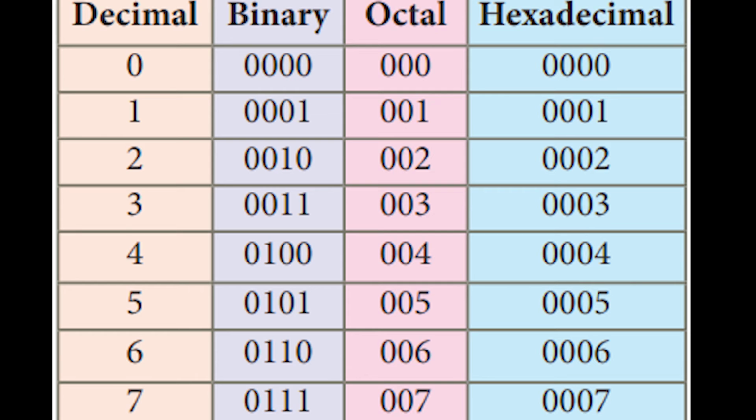In the third position, it is 00110011. In the final position, it is 01010101. Right? Understood? Is it easy?